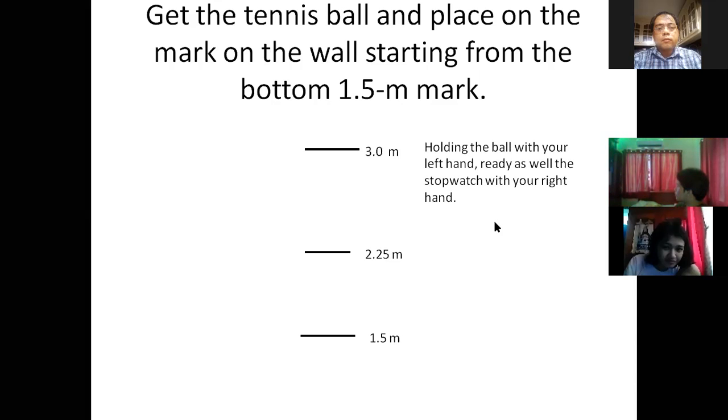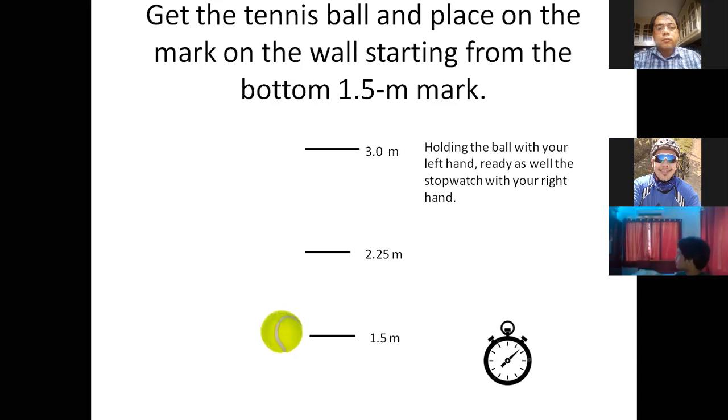So holding the ball with your left hand, you will also ready your right hand for the stopwatch. And then you can position the tennis ball with your left hand, and with your right hand, you can prepare the timer and set it to 0.